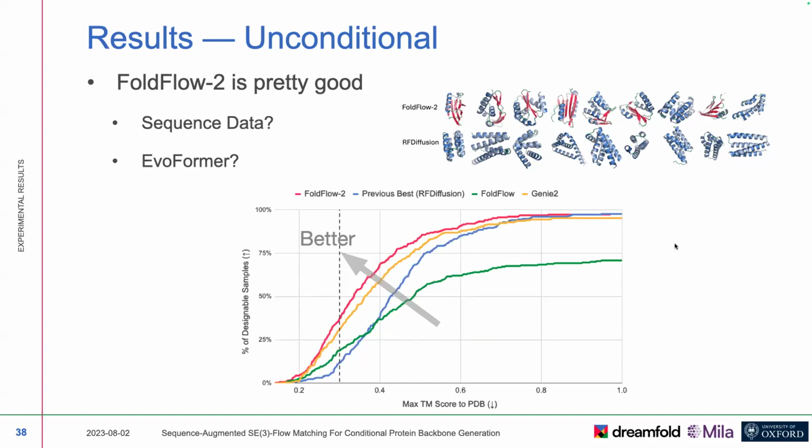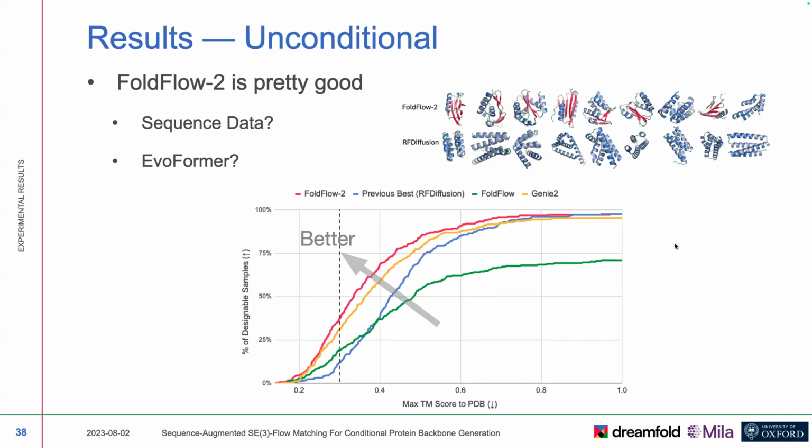There's another way to measure the performance, which looks at the relationship between novelty and designability. Essentially, at one extreme, it's possible to generate very novel proteins that are not designable at all because they're so crazy that they could never exist in nature. And at the other extreme, you could imagine a model that regurgitates its training data, which of course is designable because they're naturally observed structures. But that's also not very useful because you can't get any new generations out of that model.